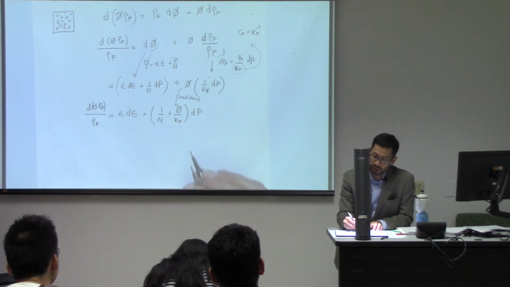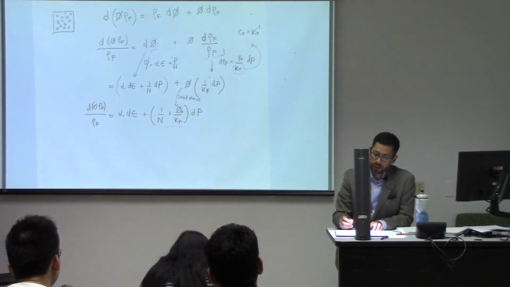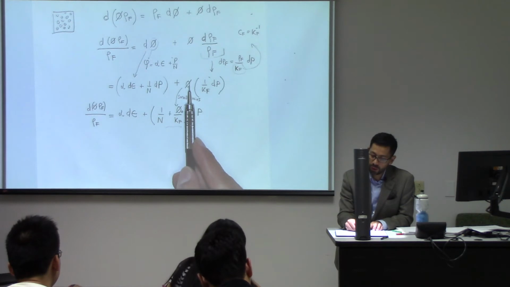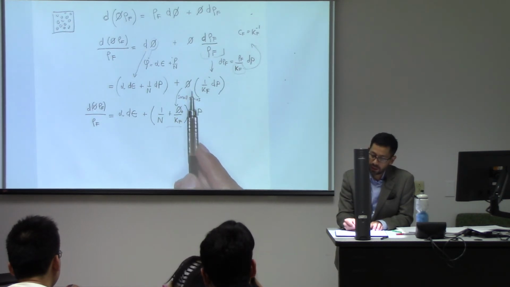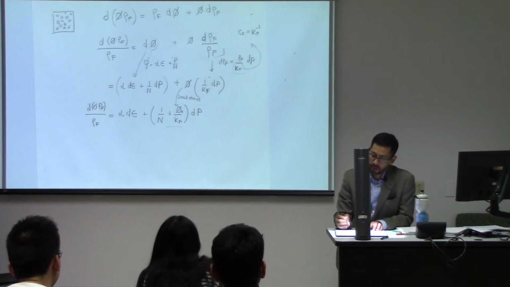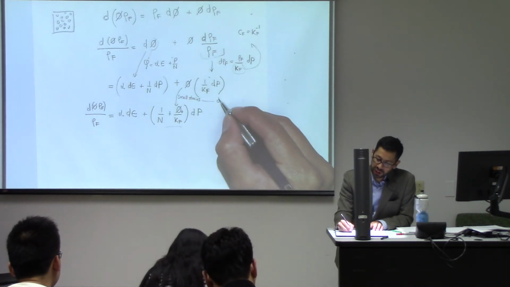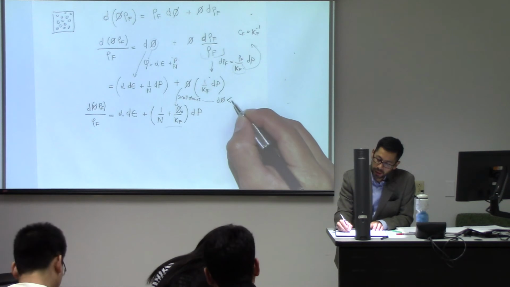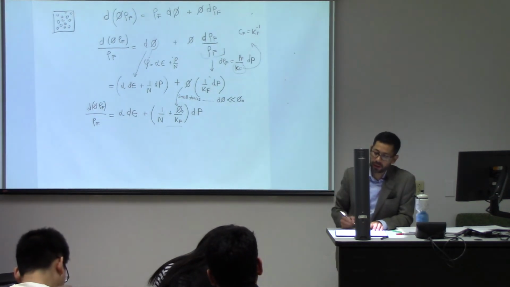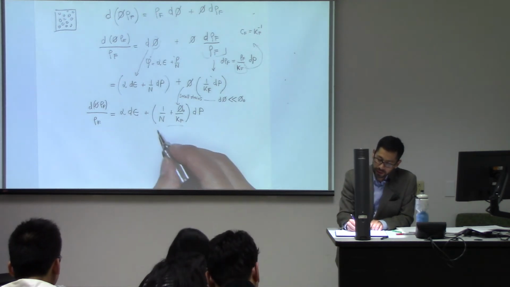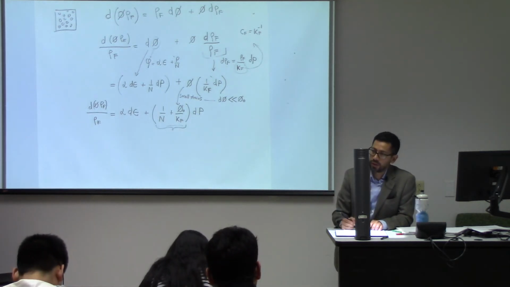If I have small strains, I can assume that the initial porosity is more or less similar to the porosity at any time, but the changes in porosity are much smaller than the initial porosity. If I do that, now this is a constant.